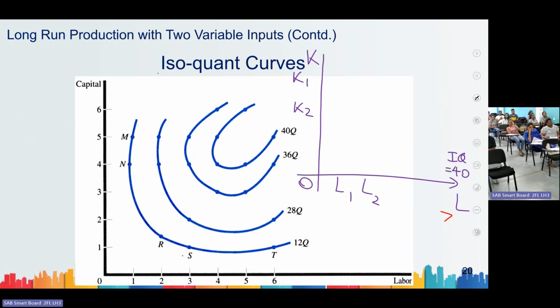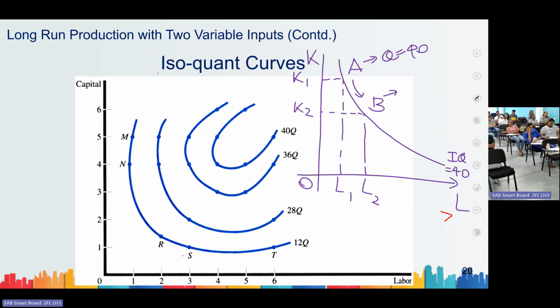So I am referring to the same isoquant curve. The firm moves its production from point A to B. At point A, the firm can produce 40 units.